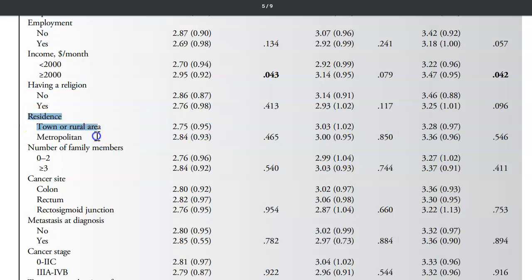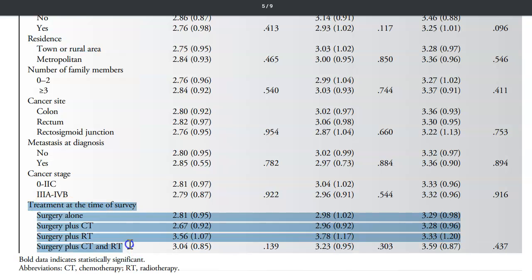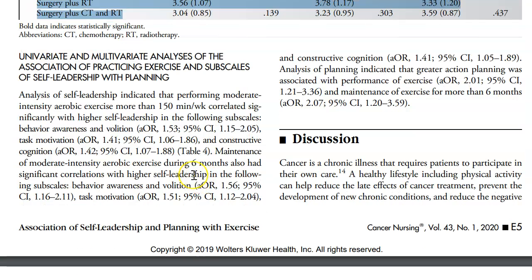Their residence or town, whether rural or metropolitan, the number of family members they had, the colon cancer site, whether they had metastasis, the cancer stage, and the treatment type. All of those, according to this study, are extraneous variables. Now, nowhere in this article are you going to see the term extraneous variables, but this chart is showing you what they thought were extraneous variables.